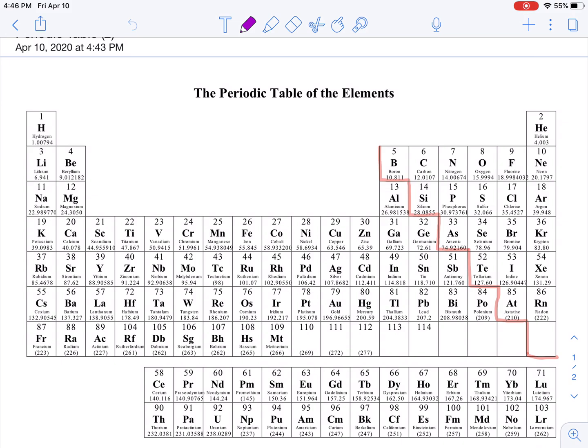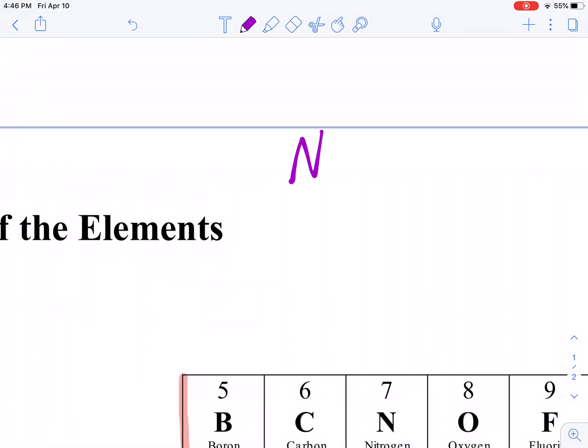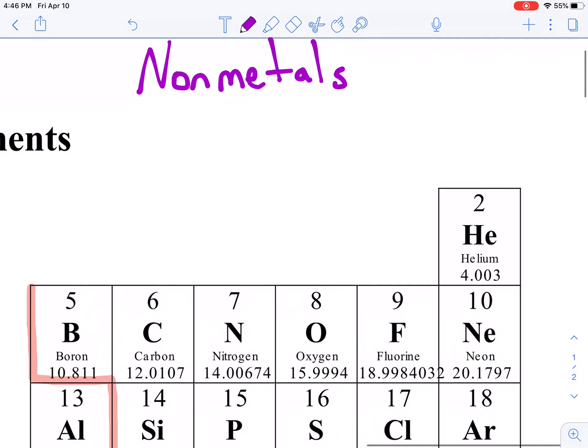So first off, you'll notice that I've drawn the metalloid staircase here, and over here to the right of that staircase, we have ourselves the non-metals. And the non-metals always have a known charge. So if you remember, we said that this column over here, the noble gases really won't bond, but if these guys form ions, they'll always be -1.